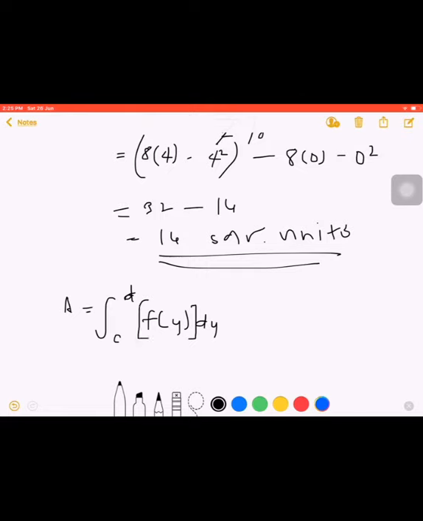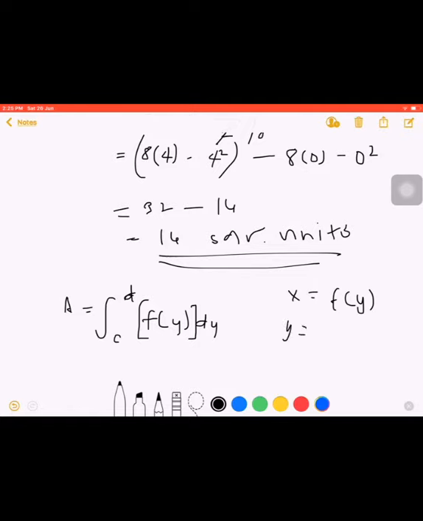Take note that x is equal to f of y. So what we are going to do to get the function of y is to solve for x.